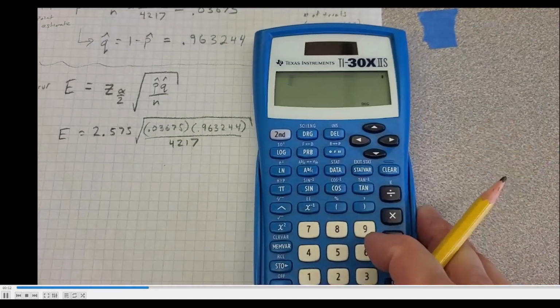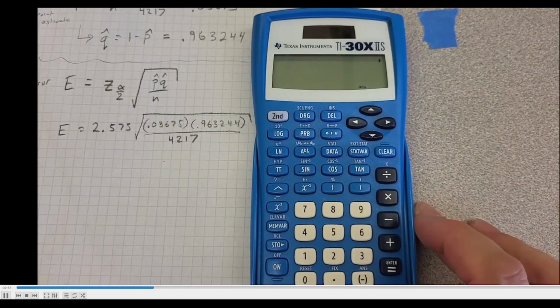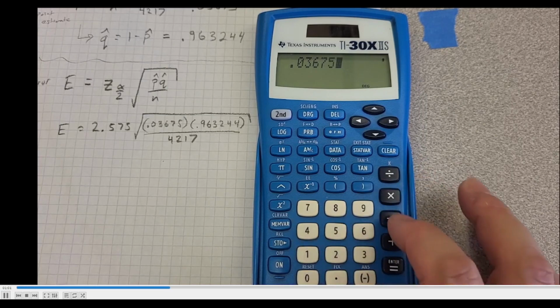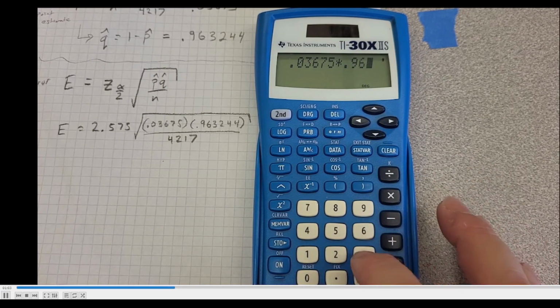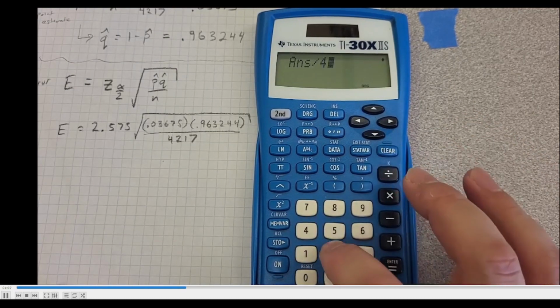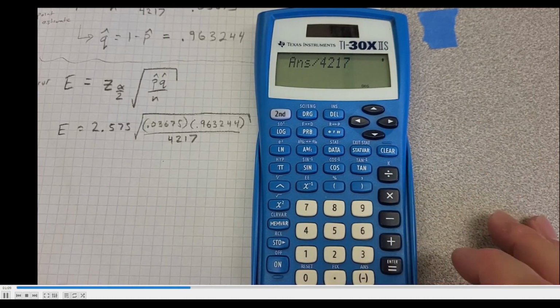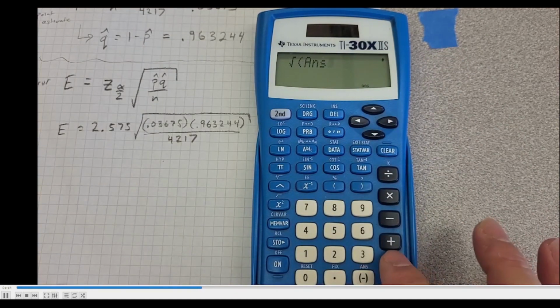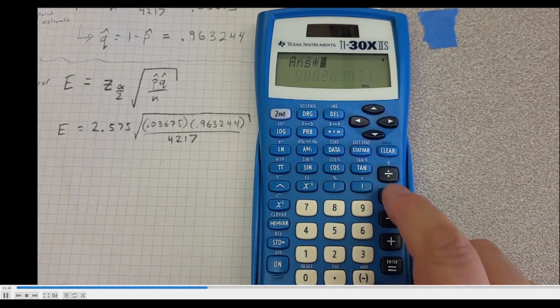All right, now we can throw everything into the calculator. I'm going to use my method. So we'll start with what's on the top part of the fraction. That number divided by that number equals this, divided by the sample size gives you this. And finally, the square root of that gives you that right there.